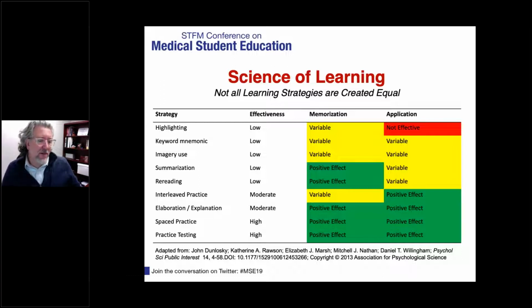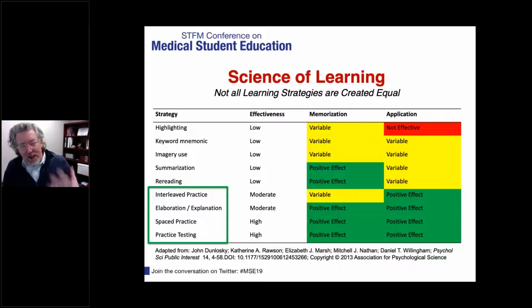It turns out the bottom 4 have moderate to high effectiveness for application questions, and if we're just talking memorization as well. So with that being said, these are the 4 that we're going to focus on today. Which I'm glad to hear that some of you needed more explanation on these areas, because if you didn't, the whole webinar might have just crashed and burned, because that's what we're going to talk about anyway.